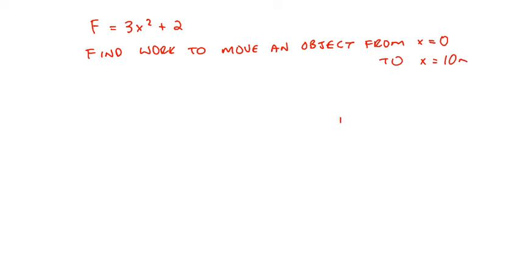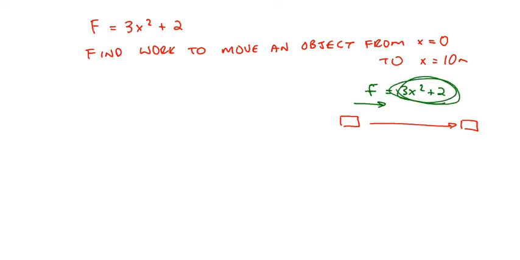All right, so here's the box initially. We want to move it over here some distance, but the farther I push it, the harder it gets to push. So the force here is equal to 3x squared plus 2.